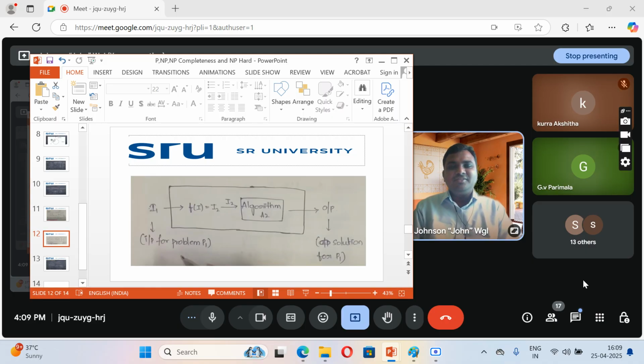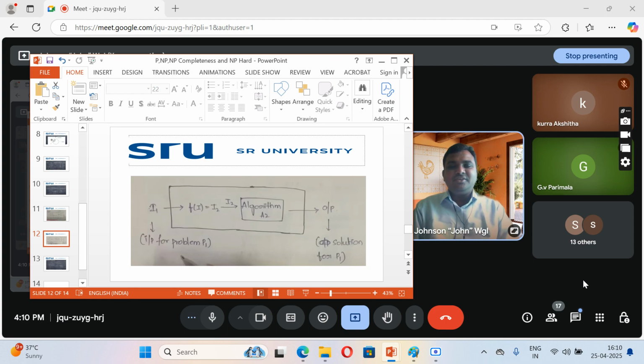How do we get the solution of P1? Using the A2 algorithm. Which input does A2 take? I2 input. But we have the I1 input, which means we need to convert I1 to I2 using some function f of I. Only then will it be entered into the algorithm and we get the solution.